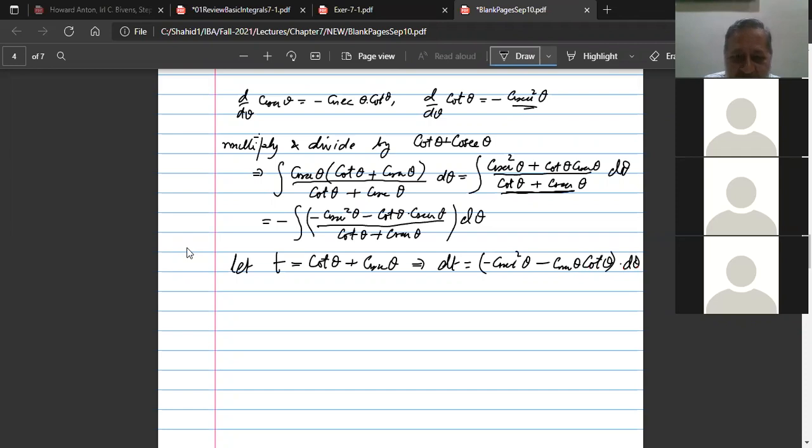So I see that numerator is exactly this and denominator is exactly this. So that means my integral is now in the form of dt upon t. And I can write down the result as ln of t plus c.